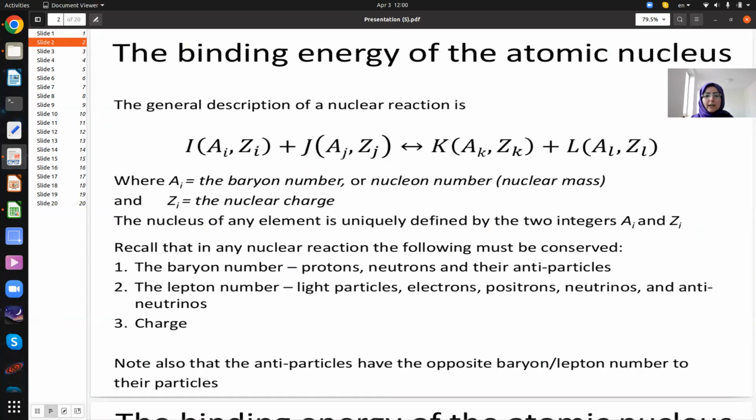The nucleus of any element is uniquely defined by the two integers A and Z. Recall that in any nuclear reaction, the baryon number, the lepton number, and the charge must be conserved. Note that antiparticles have the opposite baryon and lepton number to their particles.